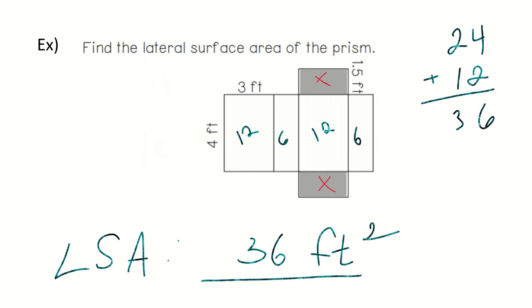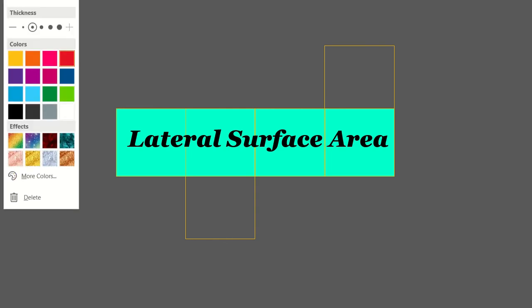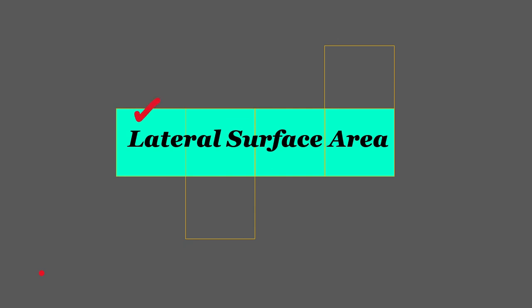All right, in conclusion, what you should remember from this whole lesson is that lateral surface area is very similar to total. Total is all of the shapes, right? Total would be what you learned yesterday. Total would be every single side in a net or face, everything added together.